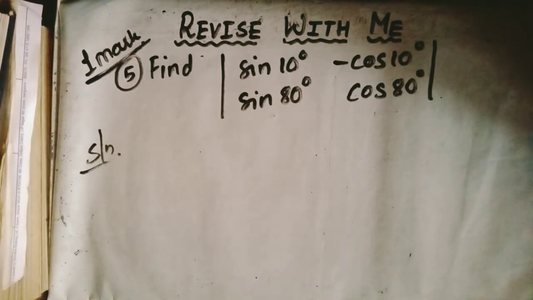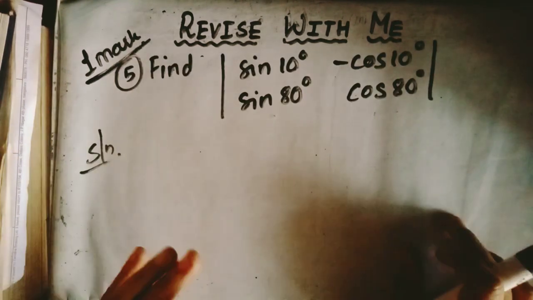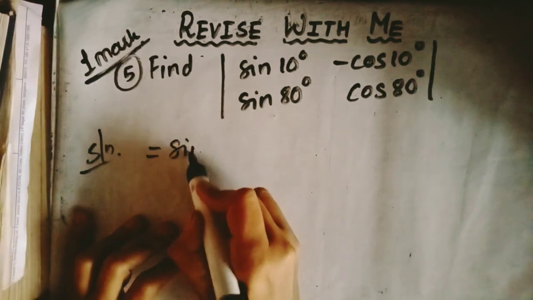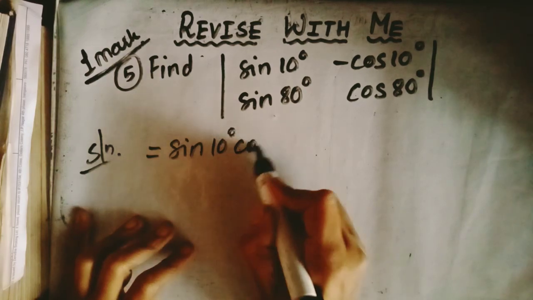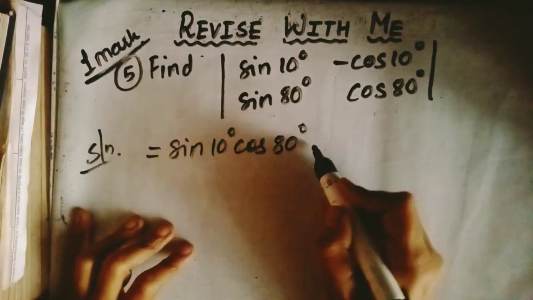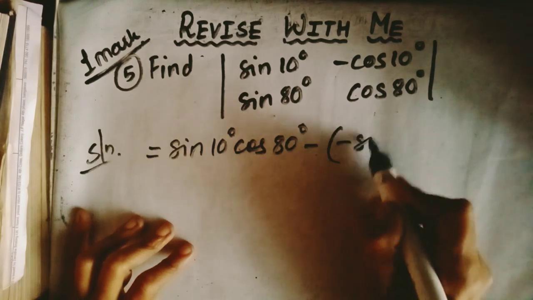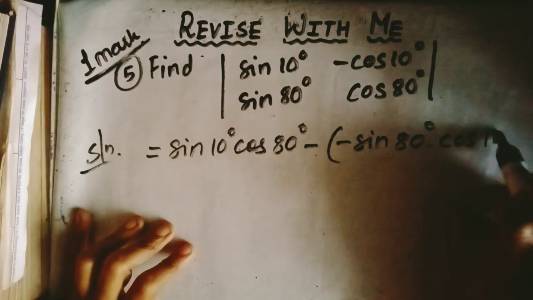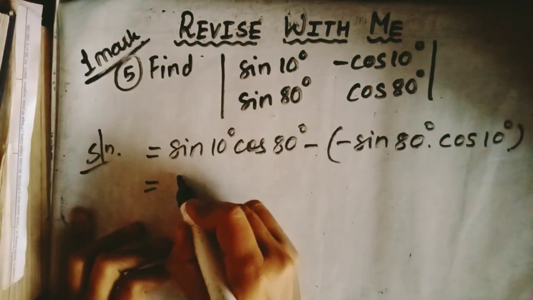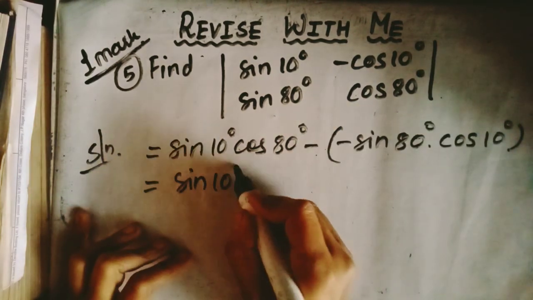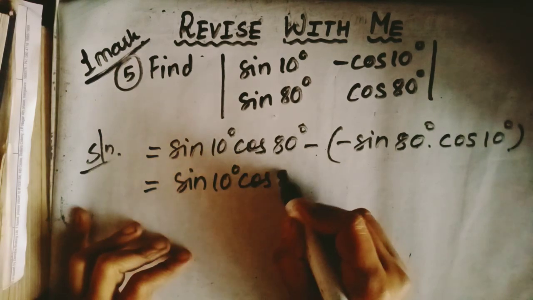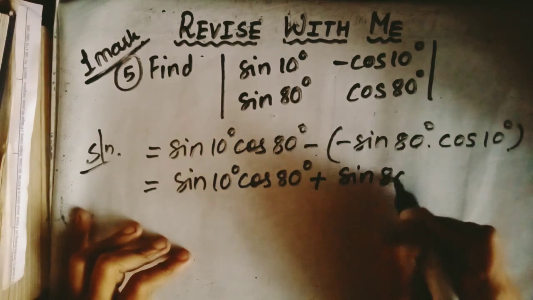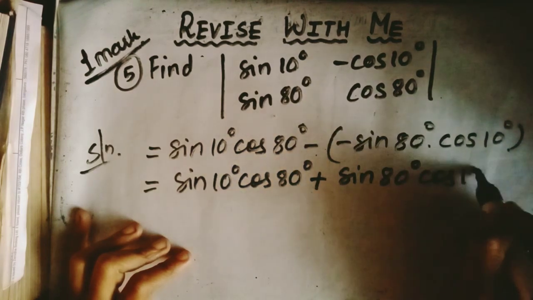So here you have to find the value of this determinant. Okay. So using the determinant, you will get sine 10 degree cos 80 degree minus sine 80 degree into cos 10 degree. Okay, so this becomes sine 10 degree cos 80 degree plus sine 80 degree cos 10 degree.